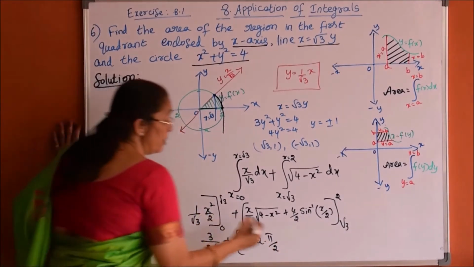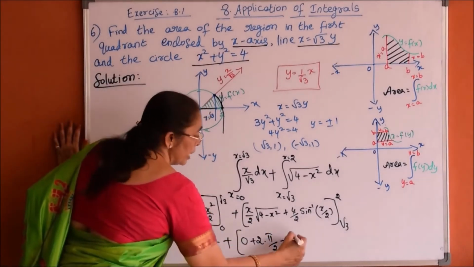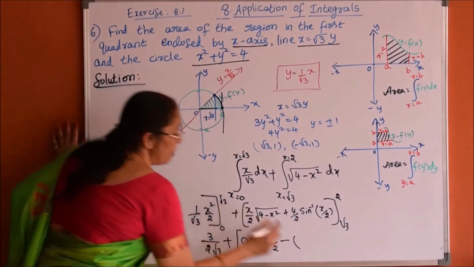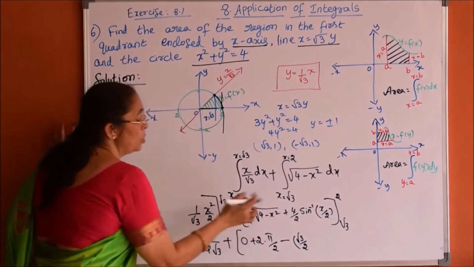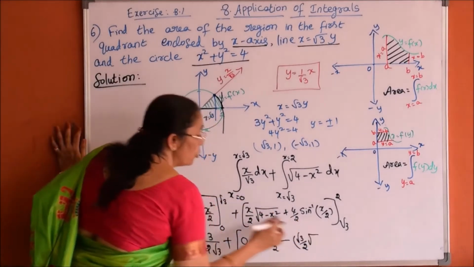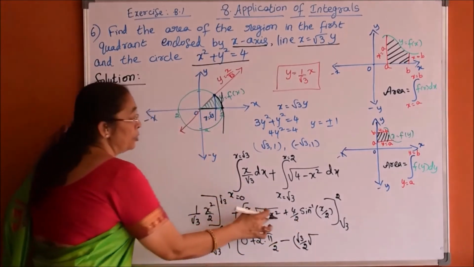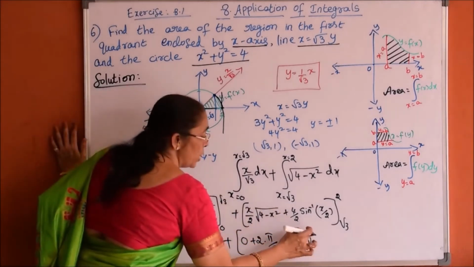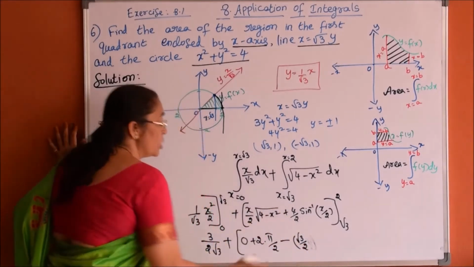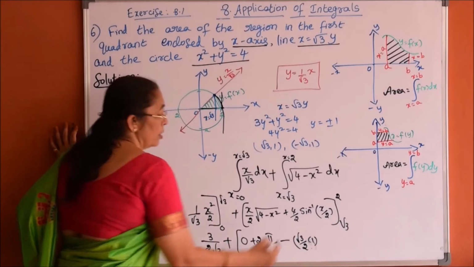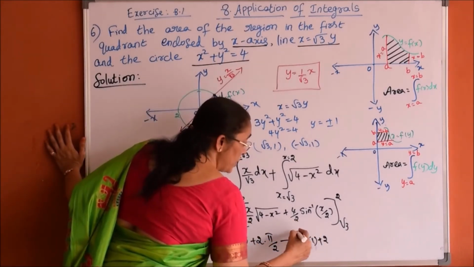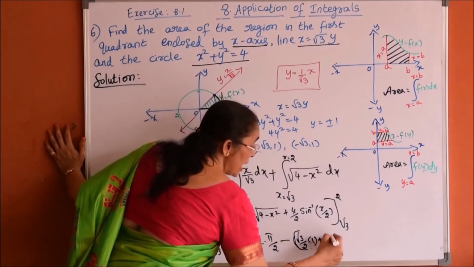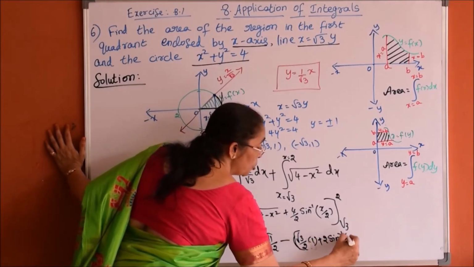Shall we apply the lower limit now? Minus, let me apply the lower limit, root 3 by 2 here, x by 2, root over 4 minus root 3 square. Root 3 square is 3, 4 minus 3 is 1, root 1 is 1. So, it is 1 plus 4 by 2 is 2, this negative sign is for both common, sine inverse of root 3 by 2.